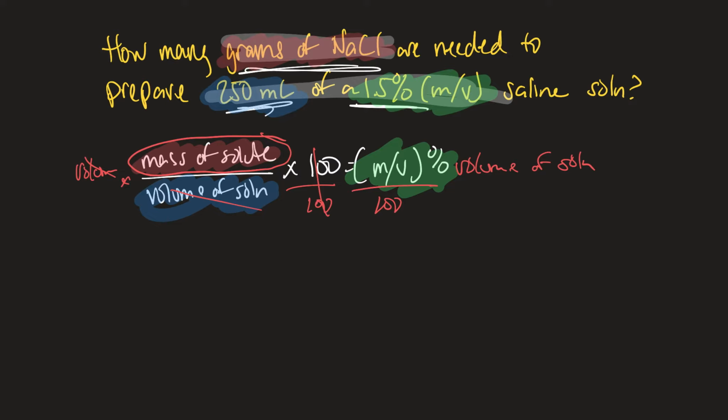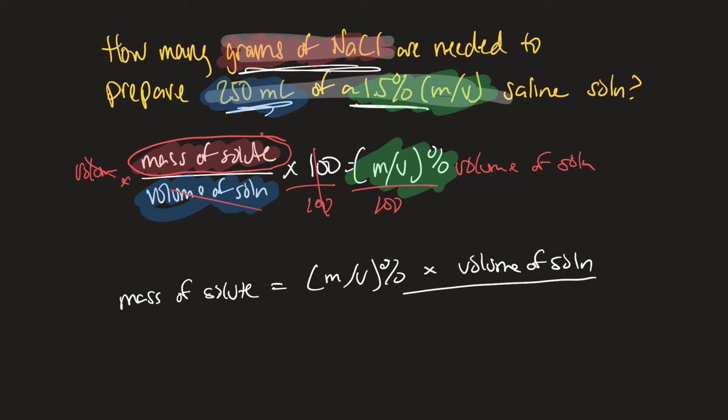I know this looks messy, but basically the mass of the solute is equal to the mass volume percent times the volume of the solution divided by 100. Okay, so this is our equation here.